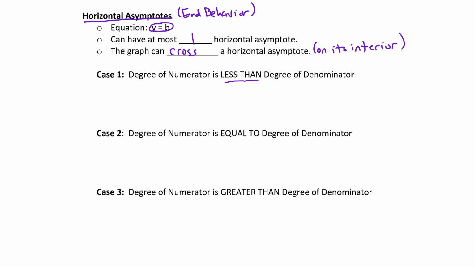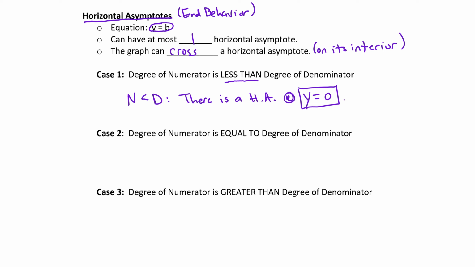In that case, there is a horizontal asymptote, I'm just going to abbreviate it HA, at y equals 0. That would be the equation of the x-axis. So if the degree of the top is less than the bottom, automatically the equation of the horizontal asymptote is y equals 0.